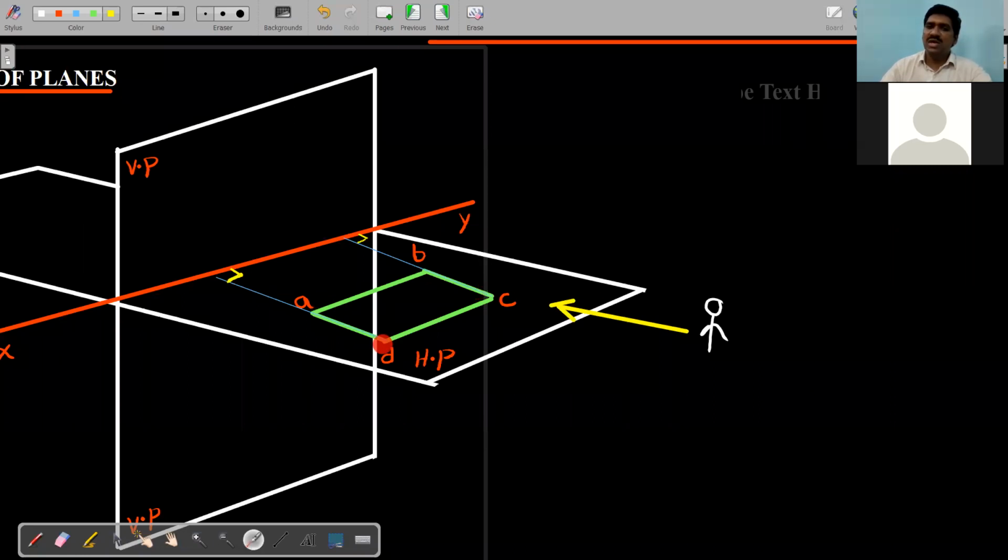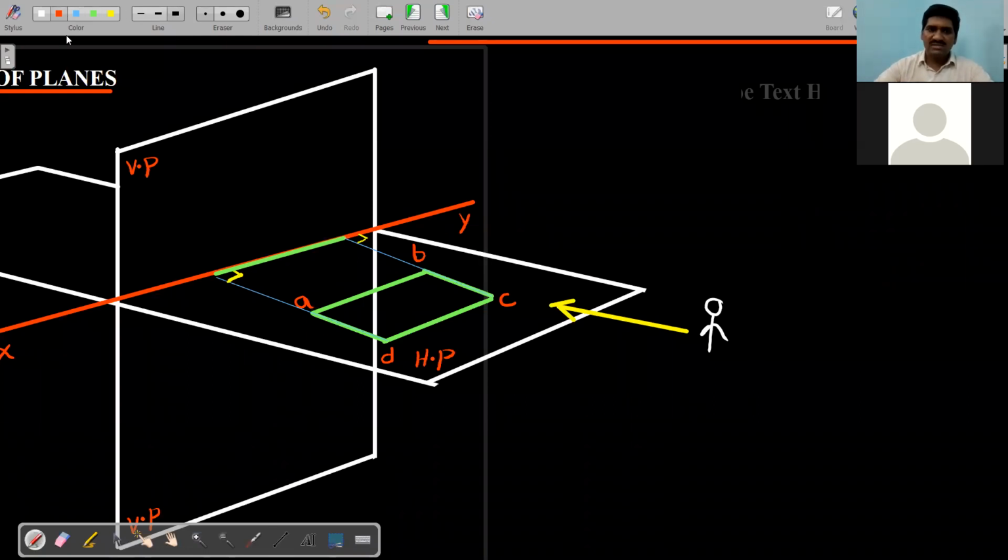There is a picture. Okay, now tell me, all of you, in the front view, what can we see? Yes, in the front view you can see only this side. Only this side is visible to you. Therefore, if we just draw the front view, what happens? This becomes a line. Only a single line is visible for you. And this is nothing but what?